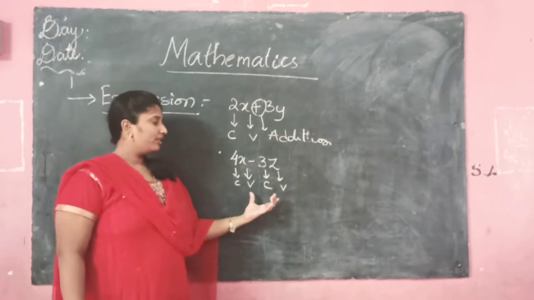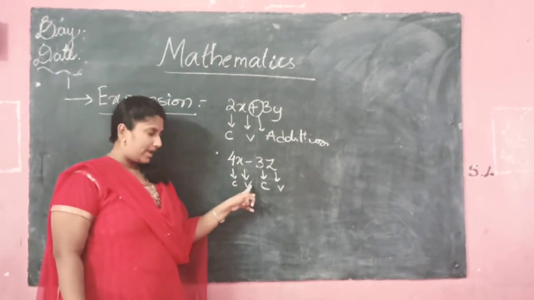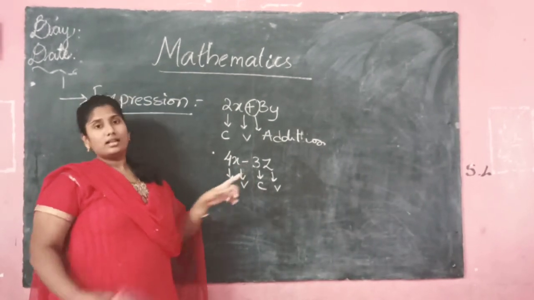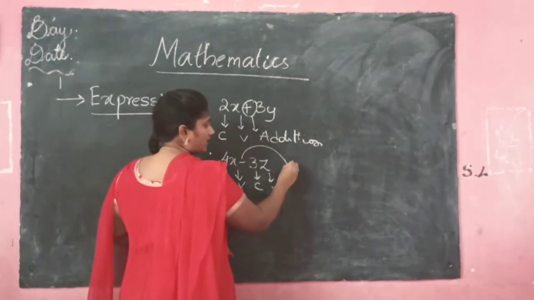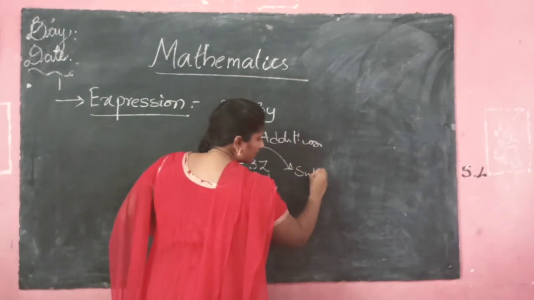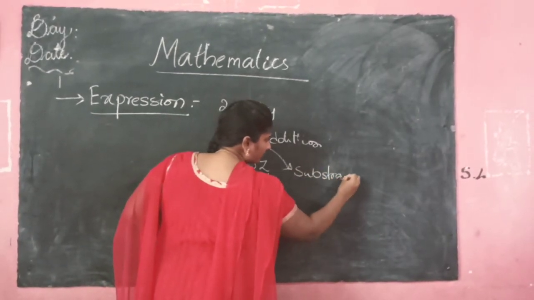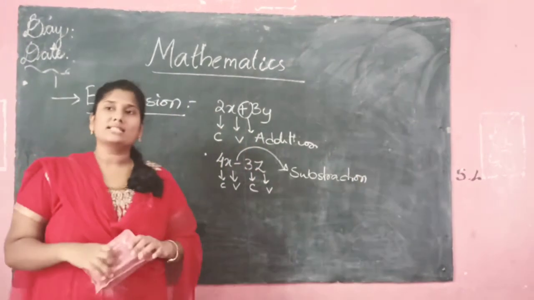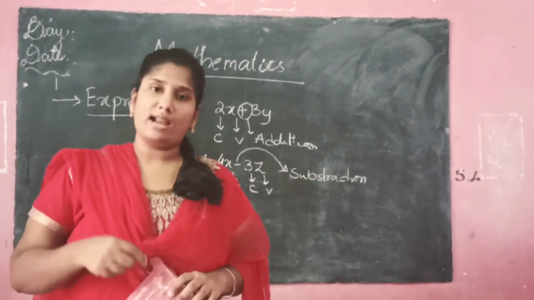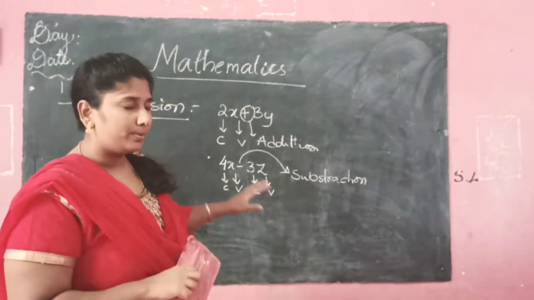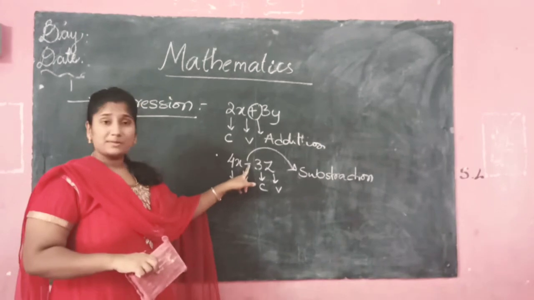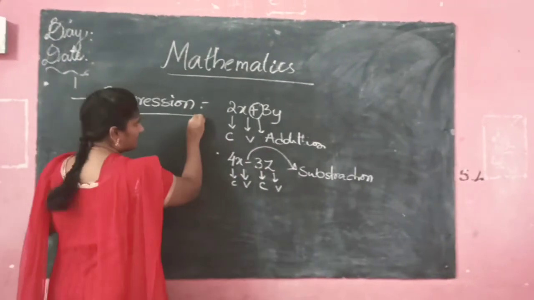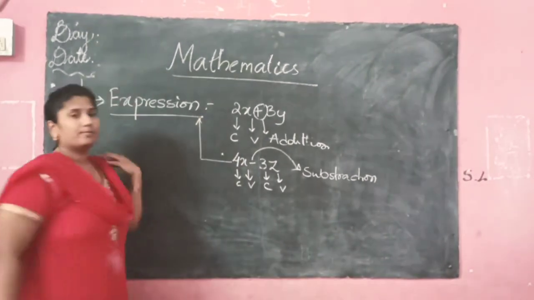So here we are combining the constants and variables with the help of, what is this symbol? This symbol is subtraction. So this is an expression. Okay.